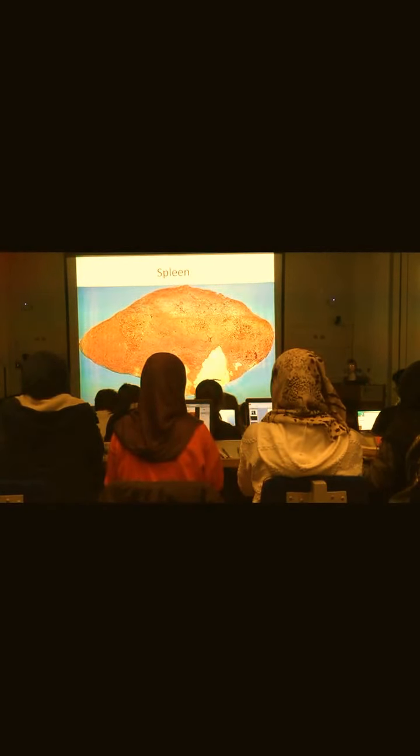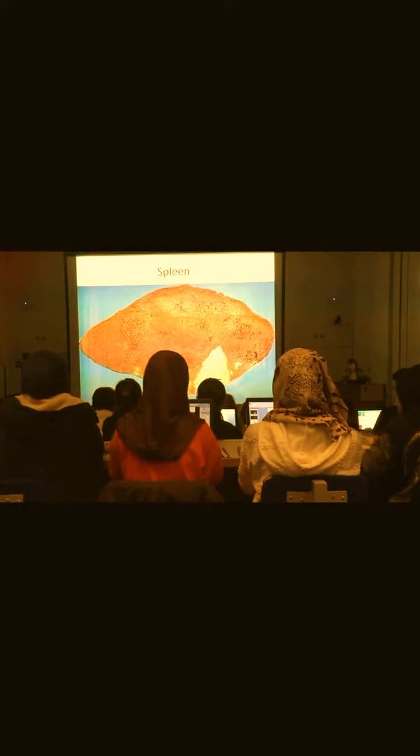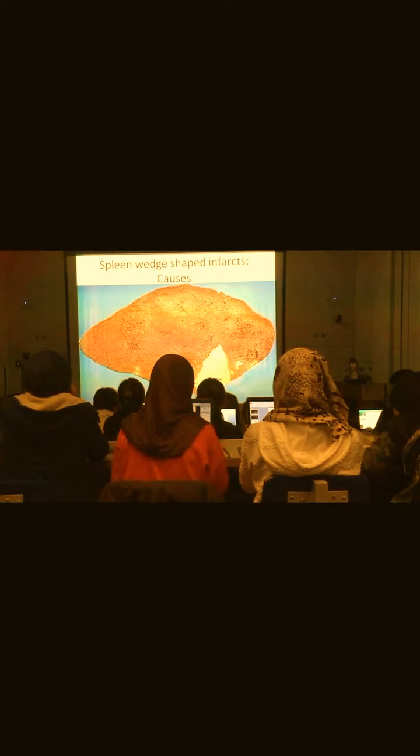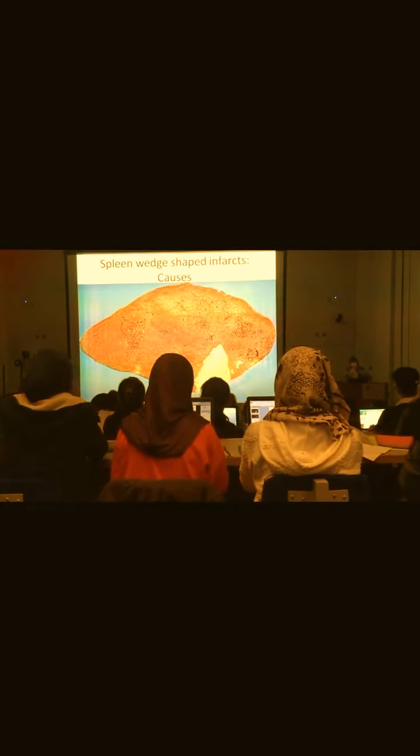This is a spleen with a white area. What's that likely to be? An infarction. Then we ask a question that will guide you as to the cause of infarction. So what might cause an infarction? You need to think vessel lumen, wall, outside the wall.